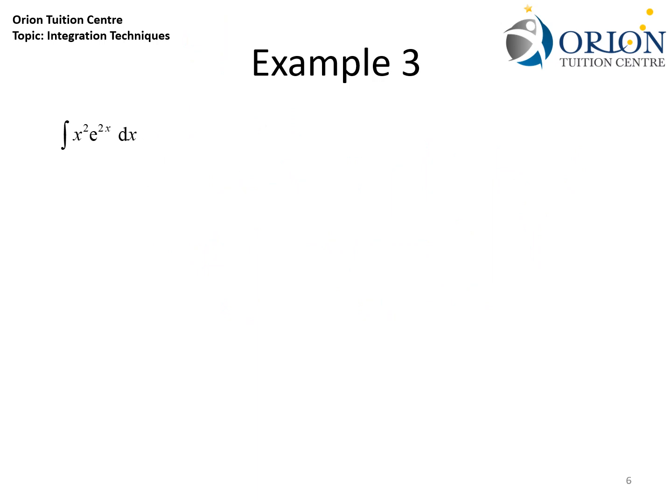Sometimes we have to perform integration by parts twice in order to solve an integration. For example, in this example over here. Now let's first determine the term to differentiate and integrate. x squared will be the term that we differentiate, and e to the power of 2x will be the term we integrate.